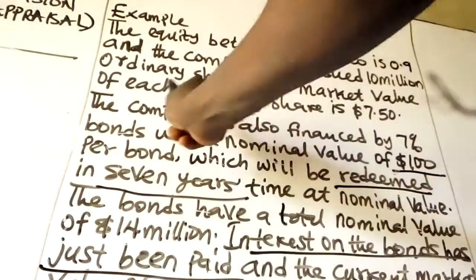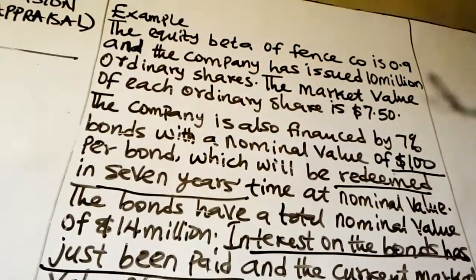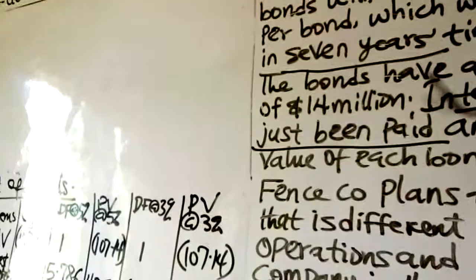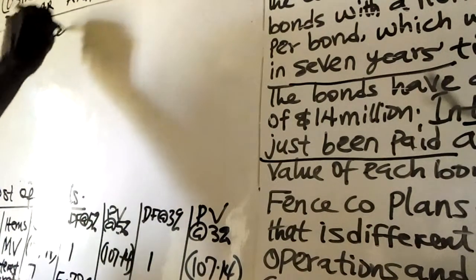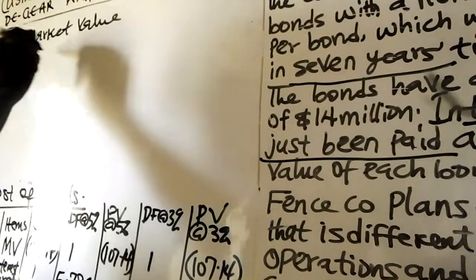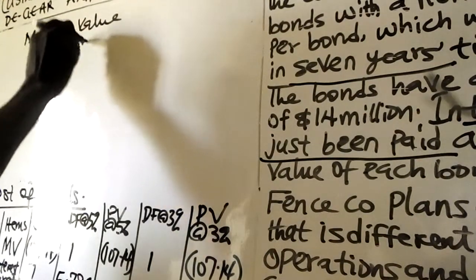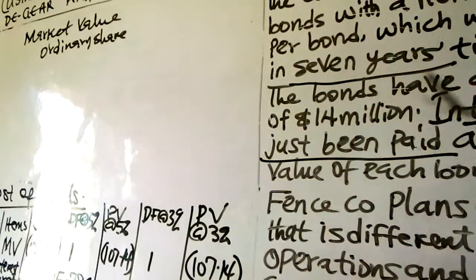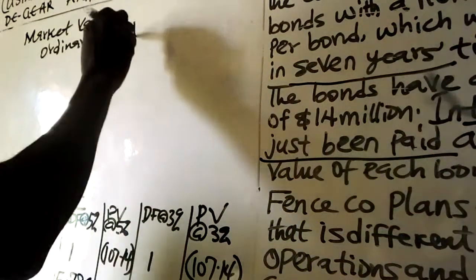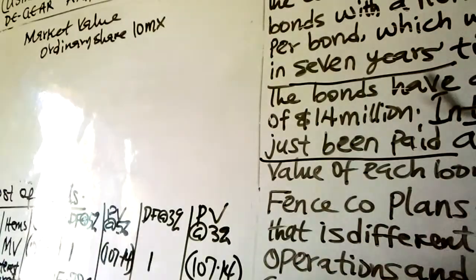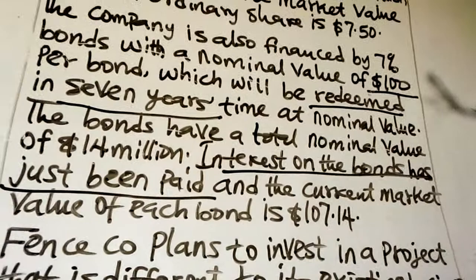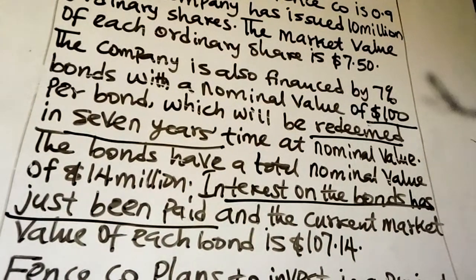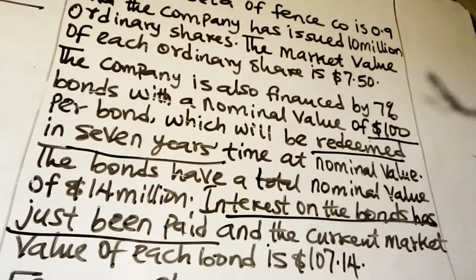The market value of each ordinary share is 7.5.